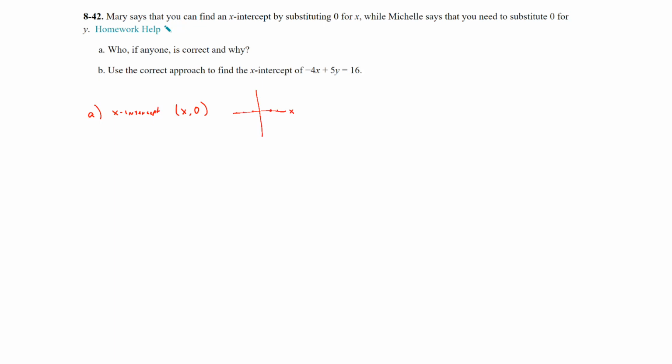So if that's the case, then Mary says that she can find the x-intercept by substituting 0 in for x. That wouldn't be correct. We need to substitute 0 in for the y value. So it appears that Michelle is the correct one.